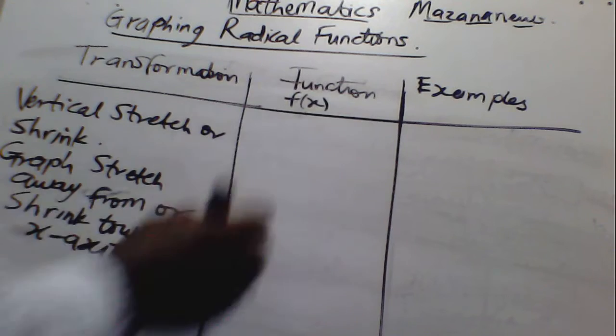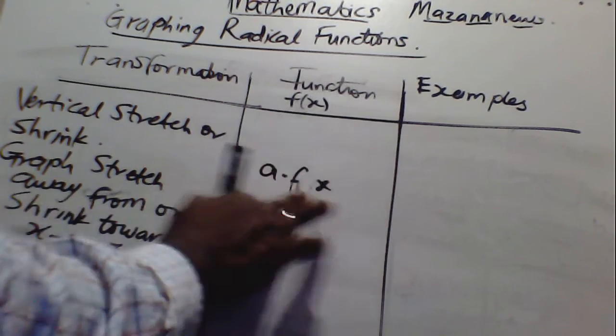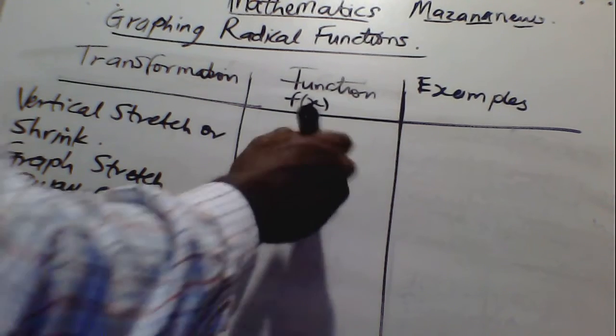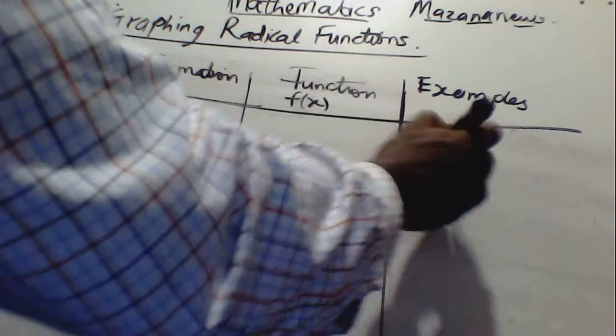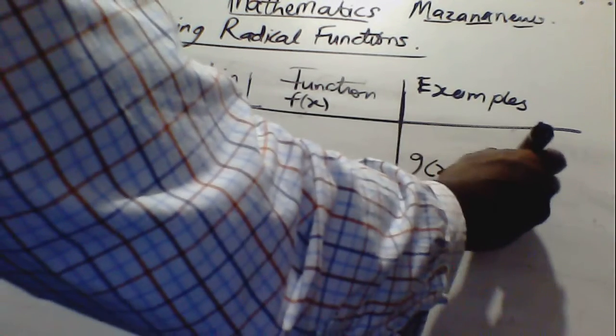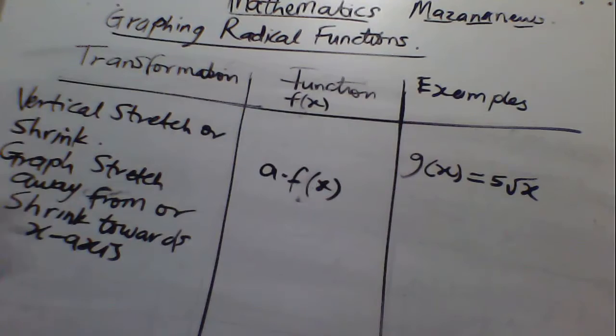The function that defines this will be a times f of x. So this is how it looks like. I hope you are following. In this case, g of x is equal to 5 times the square root of x. This is an example of how to define vertical stretch or shrink.